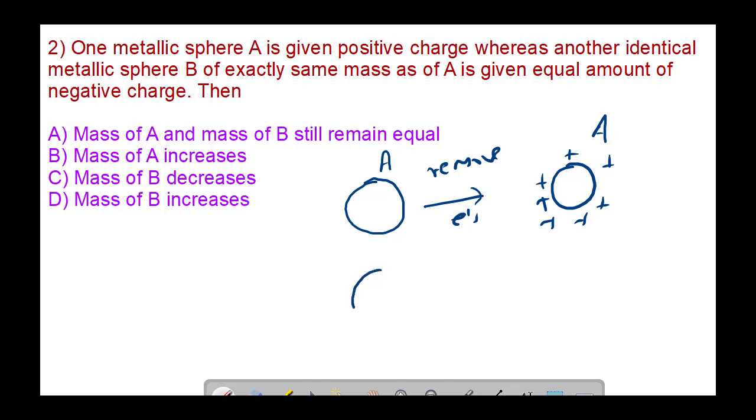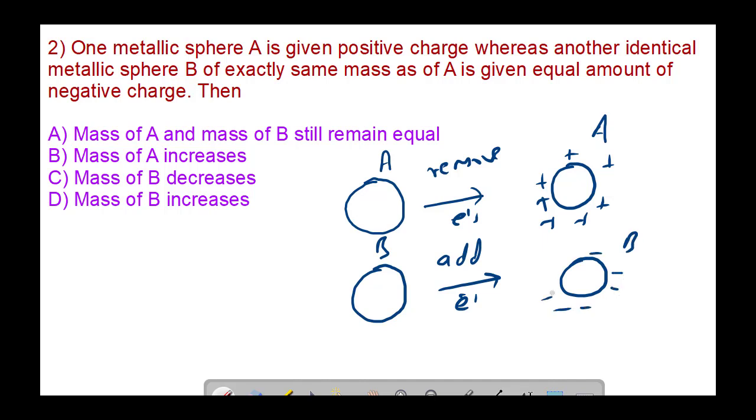Now we have B. In order to deposit negative charge, we add electrons, so this becomes negatively charged. In case of A, we have removed electrons, we have not added any positive charge.